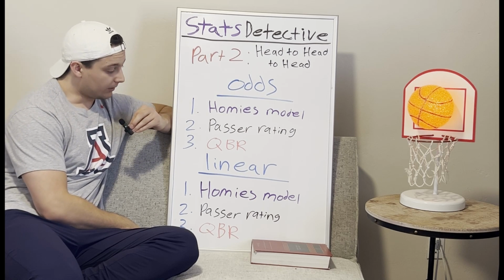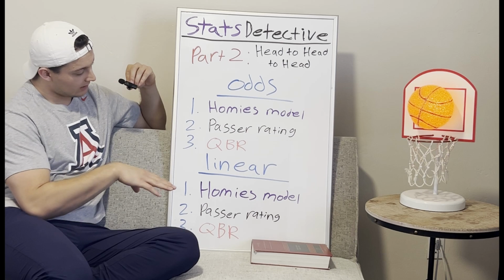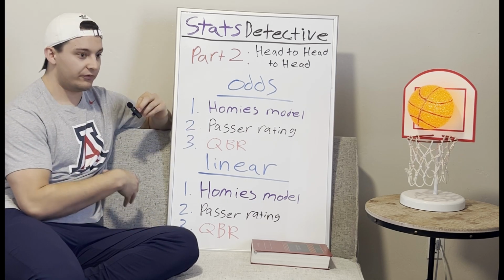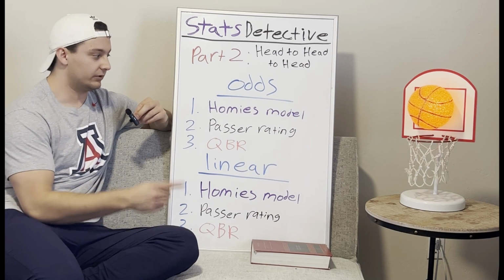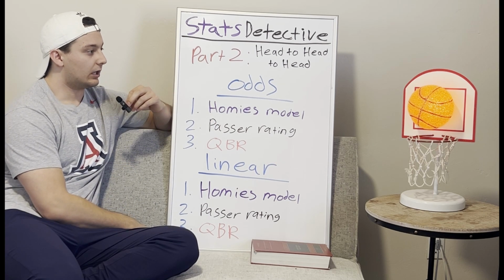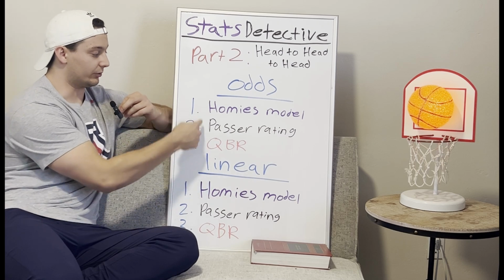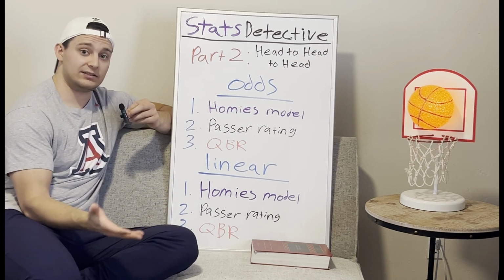No. I hope you take this all with a grain of salt too, that it's not like these did a bad job. QBR and passer rating, both very significant predictors of winning, both linearly and when you use an odds model. So, I mean, I would be comfortable if you only had access to one of these three ways of modeling. I would be comfortable with any of them, to be honest with you. They're highly significant.